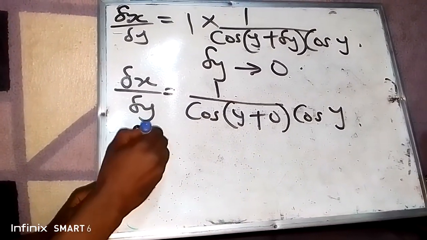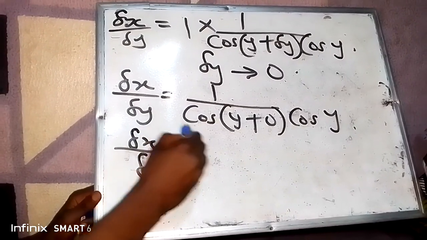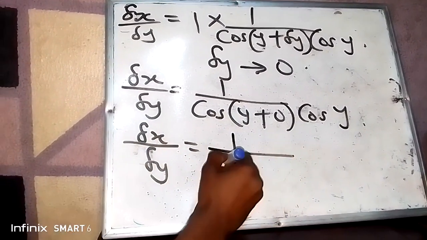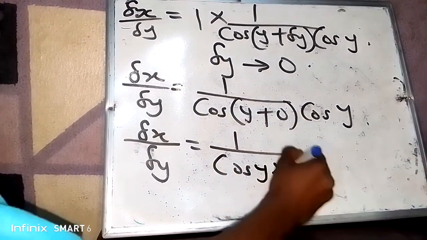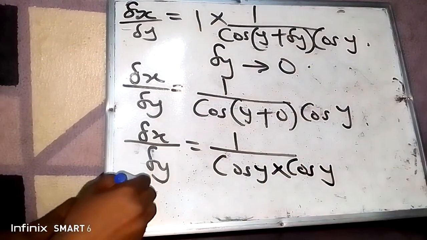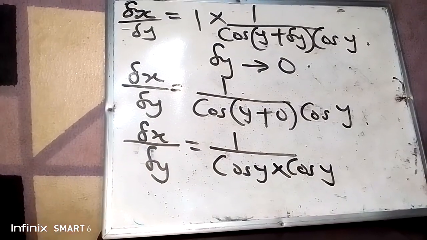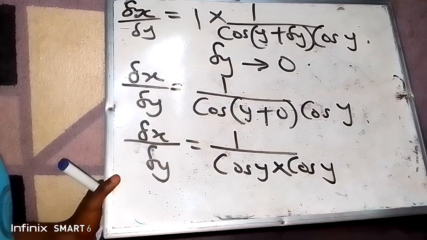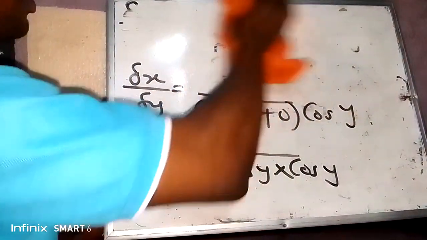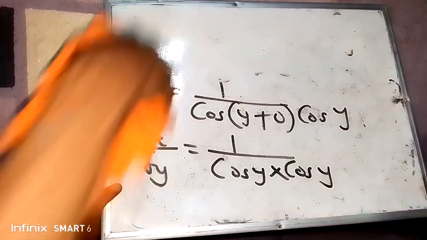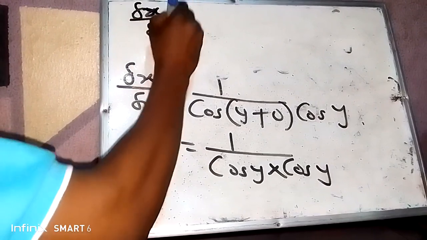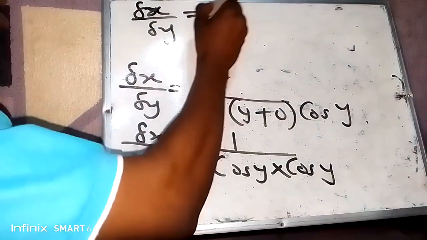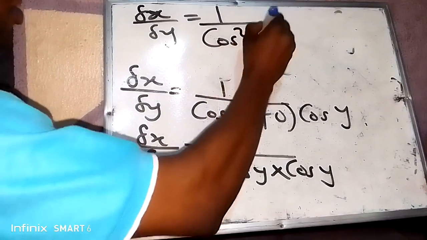That means dx over dy equals 1 all over cos y times cos y. So dx over dy equals 1 all over cos squared y.